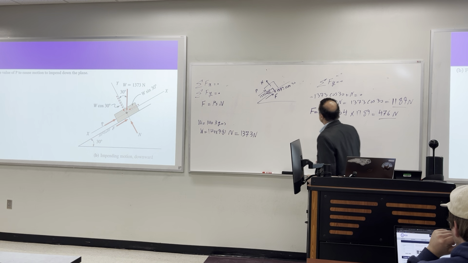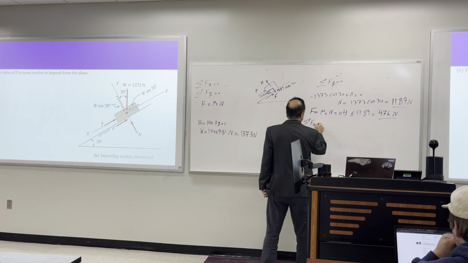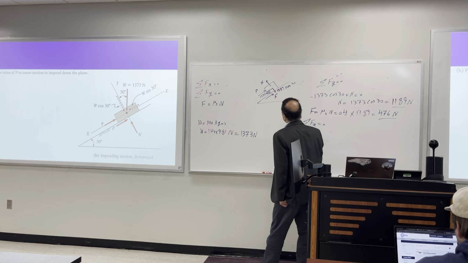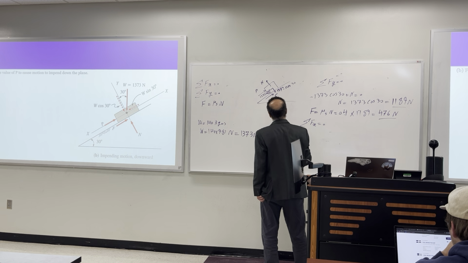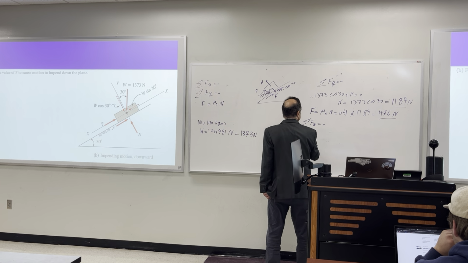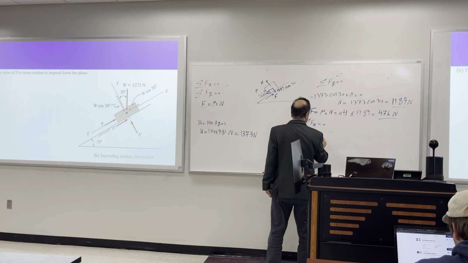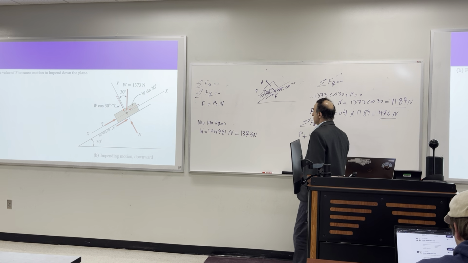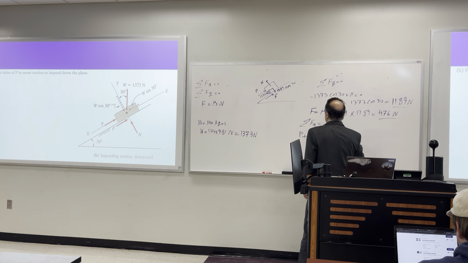Okay. So next part is Fx equals 0. What do we have? P in this positive direction. We have F plus, right? 476. What else? Minus 1373 sine 30.